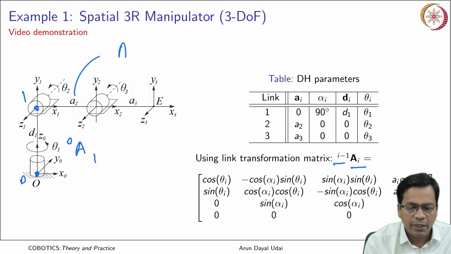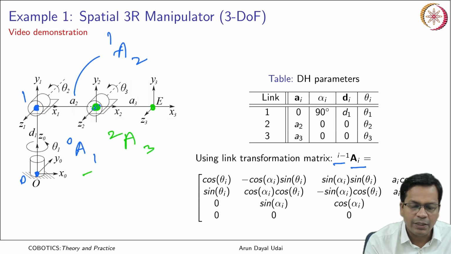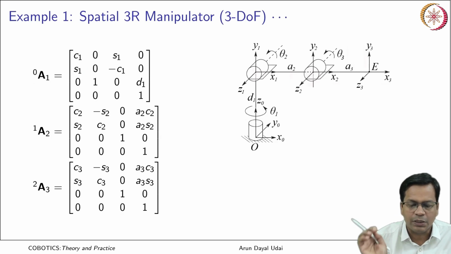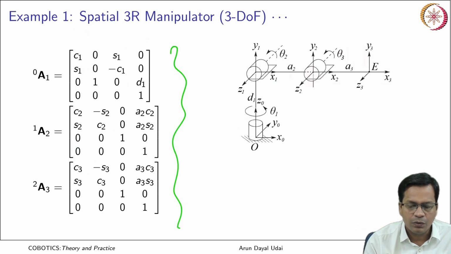Similarly, A21 would mean it takes you from this to this frame, okay, and the final one would take you from here to here, that is A32. Okay. So there are 3 link transformation matrices, and you have to substitute the parameters of each one of them into this to get A01, A12, A23, all the 3 matrices will be obtained, which are known as link transformation matrices. So, these are those.